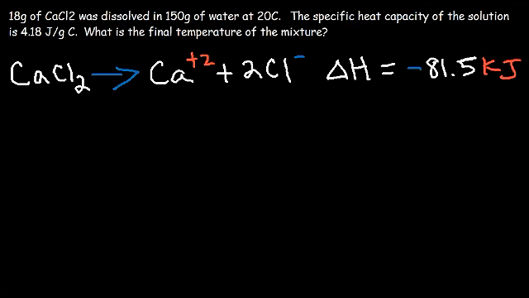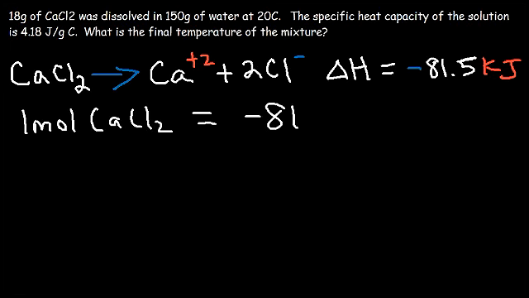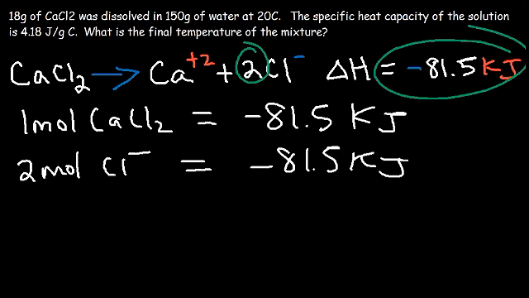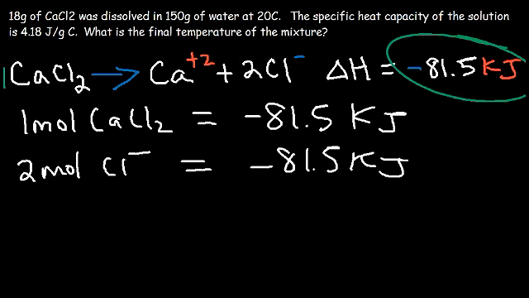Now what you need to know is that if 1 mole of calcium chloride is dissolved, negative 81.5 kilojoules will be released. If 2 moles of calcium chloride is dissolved, negative 81.5 kilojoules of heat energy will be released per mole.